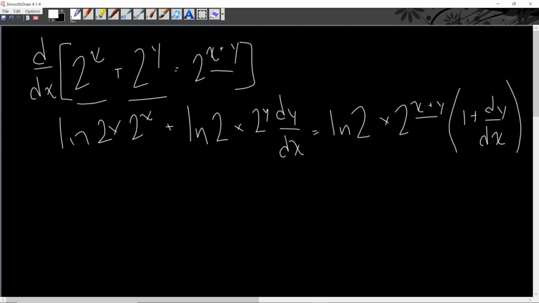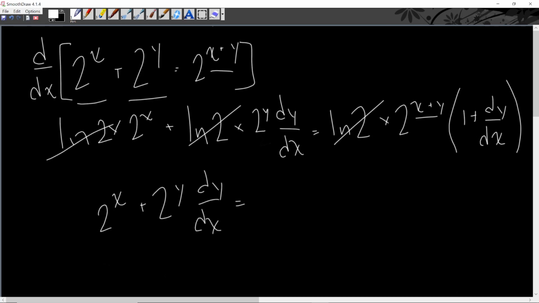Then from here, we simply solve for dy dx. Now we can cancel all of our ln 2's because every single term in our expression has ln 2. So we have 2 to the power of x plus 2 to the power of y dy dx is equal to 2 to the x plus y times 1 plus dy dx.